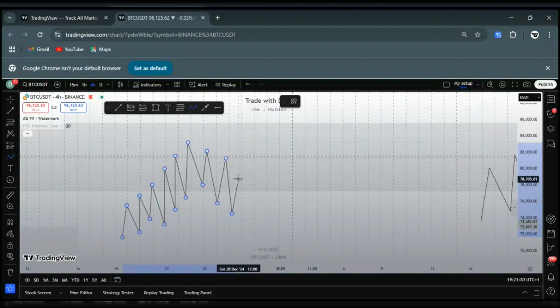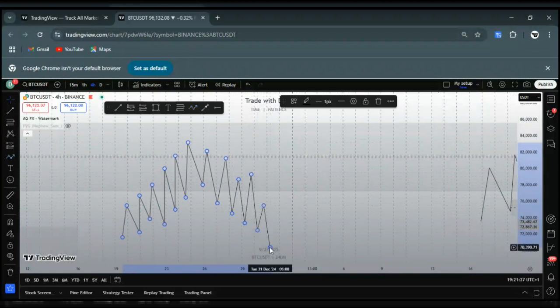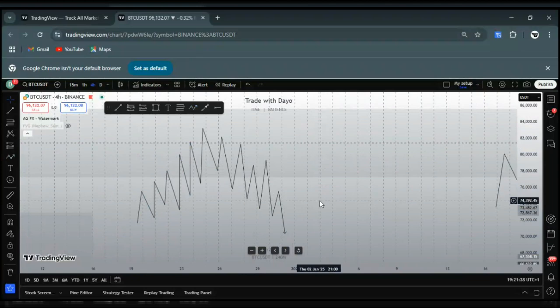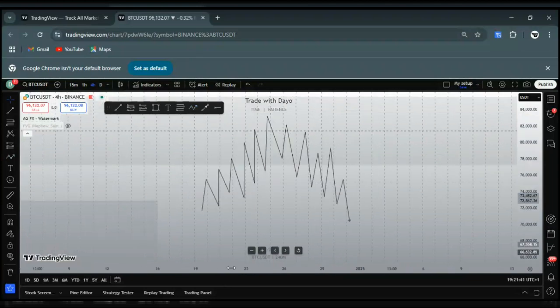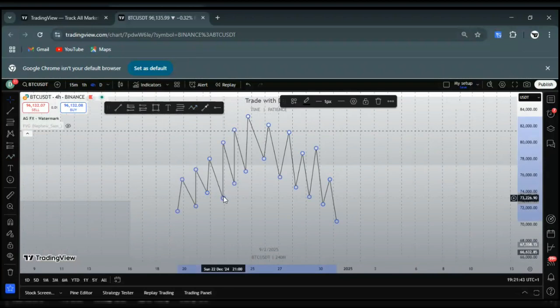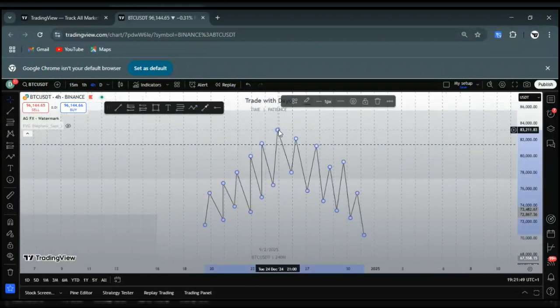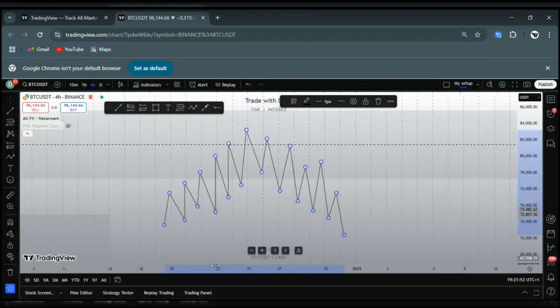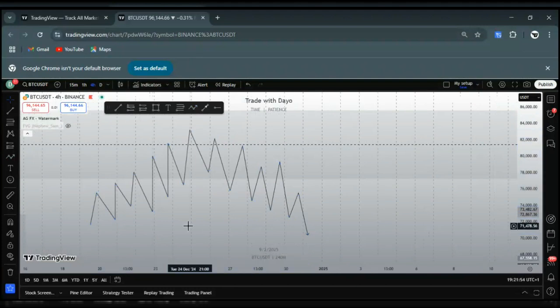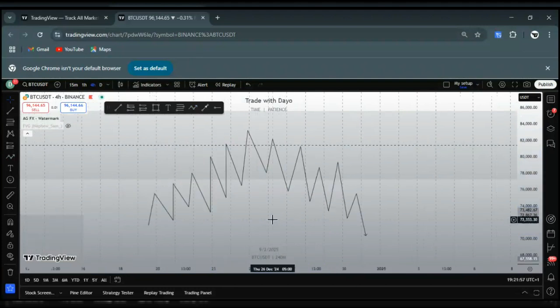This is our market structure. So in the market, our goal is to identify either when the market is going up or down, and we should identify where the market will reach before it starts going up or down.